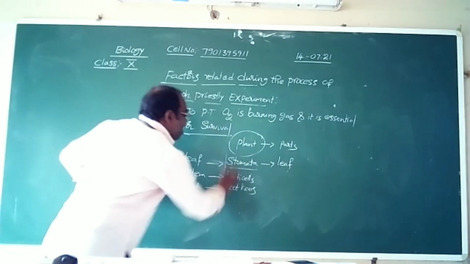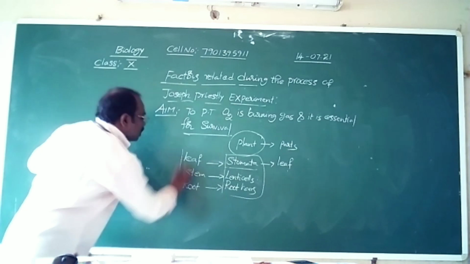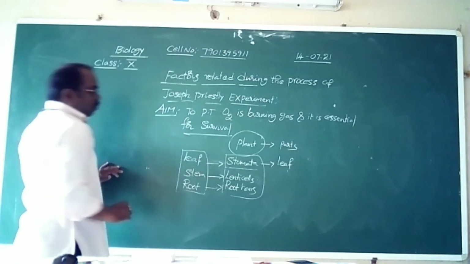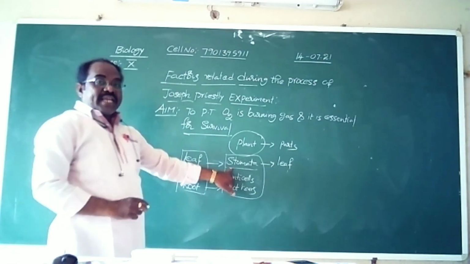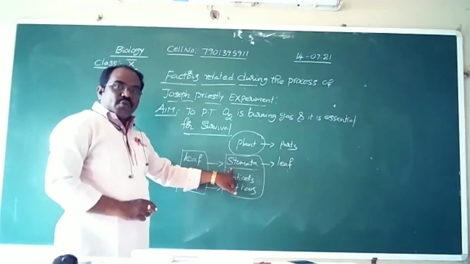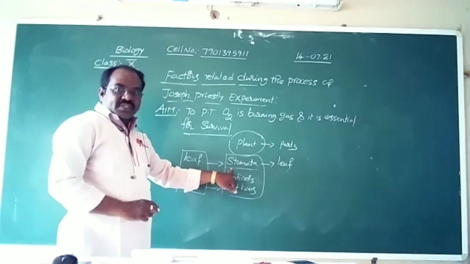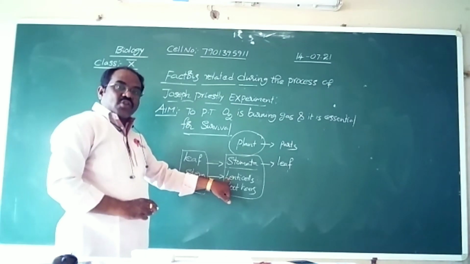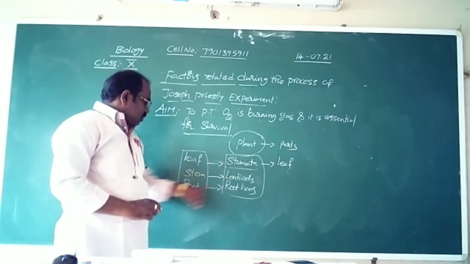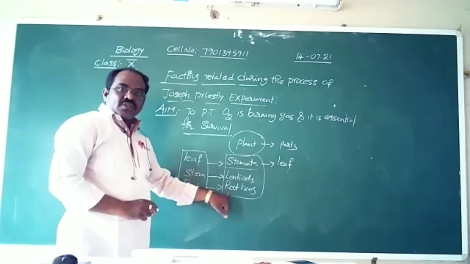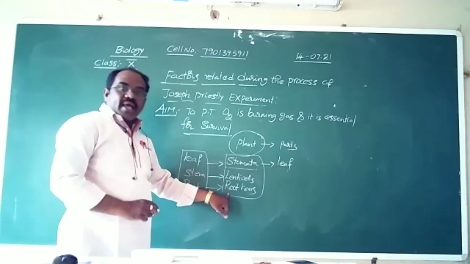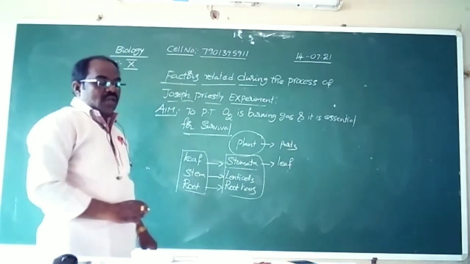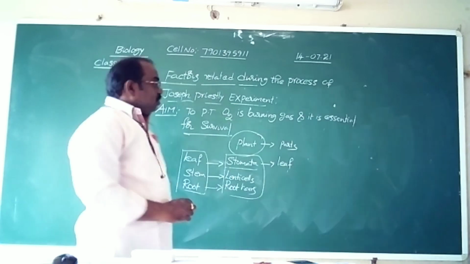These are the parts of the plant body. Leaf contains stomata, which are helpful for exchange of gases. Stem contains lenticels, also helpful for exchange of gases. Root contains root hairs, also helpful for exchange of gases.